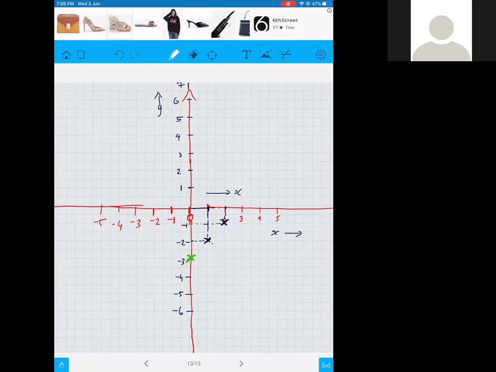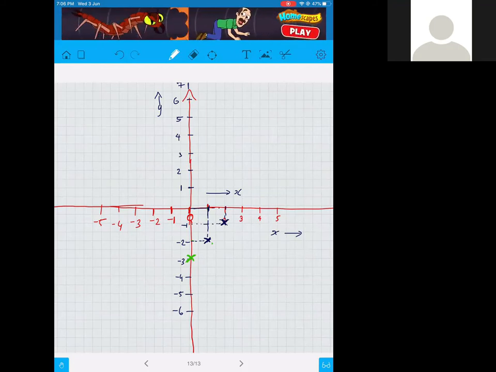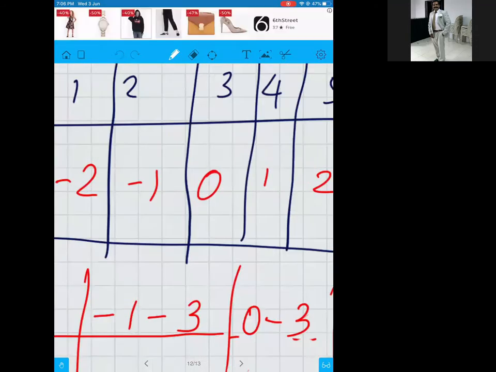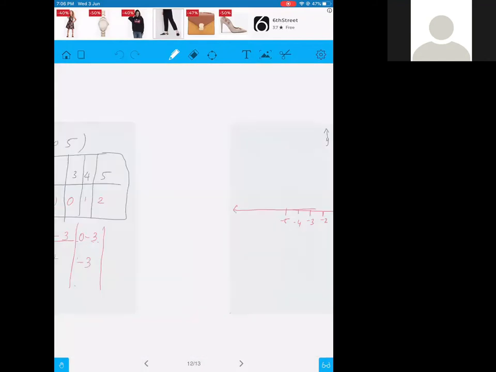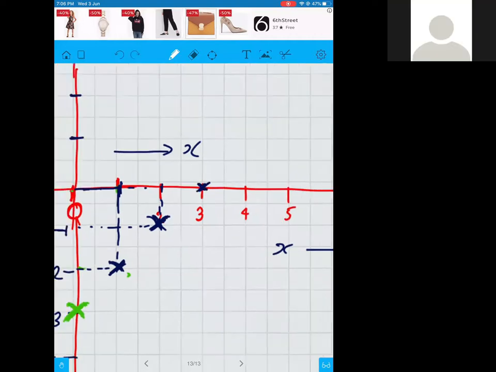Yeah. Okay. Then when x is equal to 3, what is the y coordinate? 0. Yeah. So when x is equal to 3, this is the point because the y coordinate is 0, on the x axis. Did you get my point? Yeah.